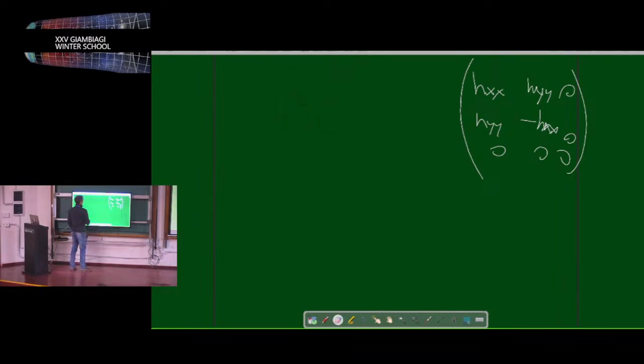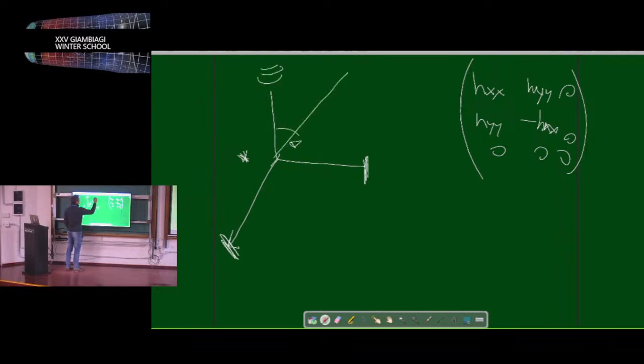If you want to consider the case, this is again the detector with the mirror here, the mirror there, the laser here, the beam splitter, and the photodetector. So if the wave is not coming from here, but is coming from a direction identified by two polar angles, let's say alpha and beta, what do you do?